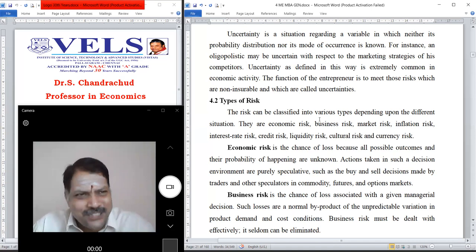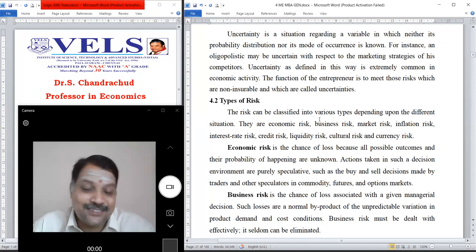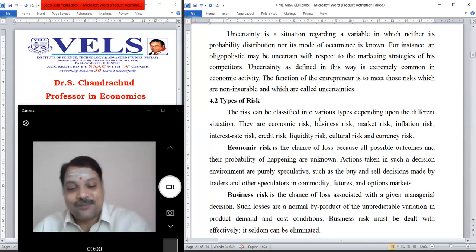All these things are based on speculation only. This comes under economic risk. Either you can gain a profit or you will incur a loss. So anything dealing with futures options, or if you are dealing with the commodity market, means you are under economic risk.